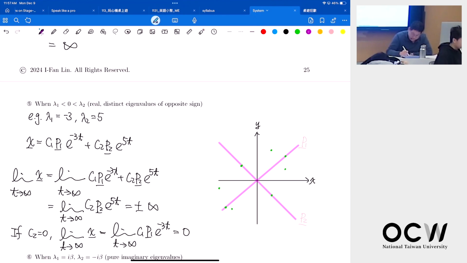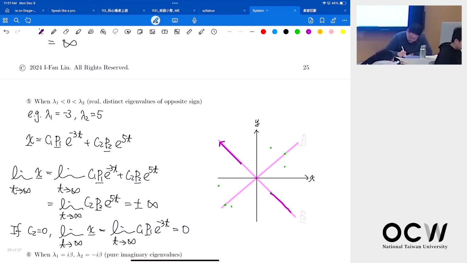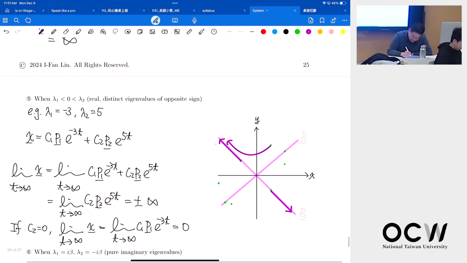So if they're on this direction, they'll go to infinity.